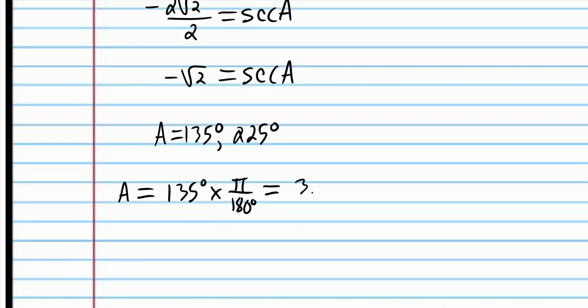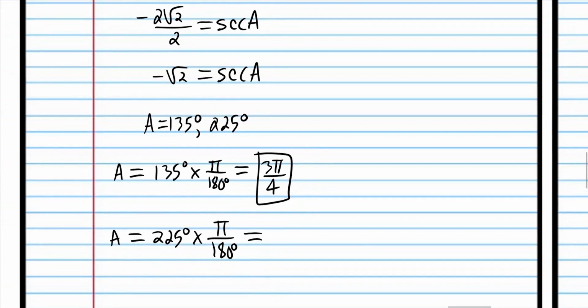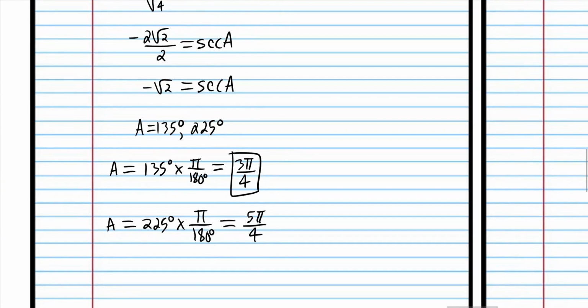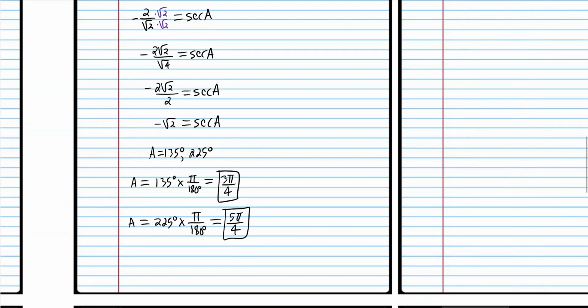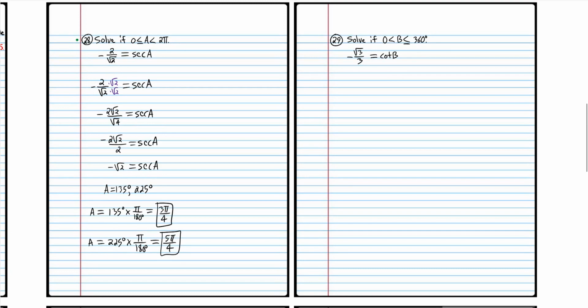And we get 3 pi over 4. And we're going to multiply 225 degrees by pi over 180 degrees. The degrees cancel out. And we end up with 5 pi over 4. So we got that right. Excellent. Go ahead and try number 29. When you come back, we'll do it together.